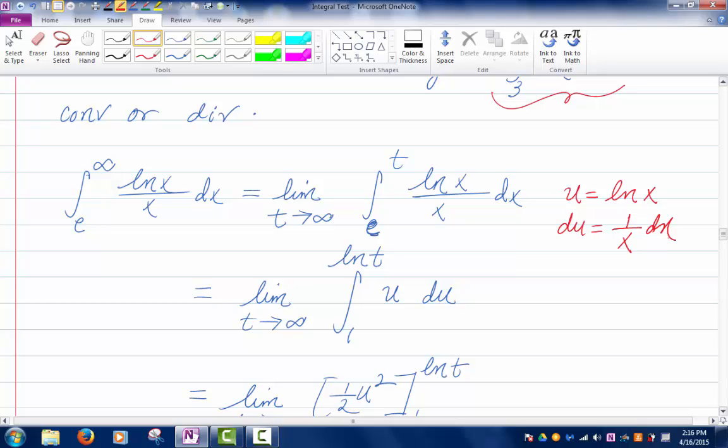What are the limits of integration when you change the variable? When x is e, what is u? 1. u is 1. When x is t, u is ln of t. So that's what I have.